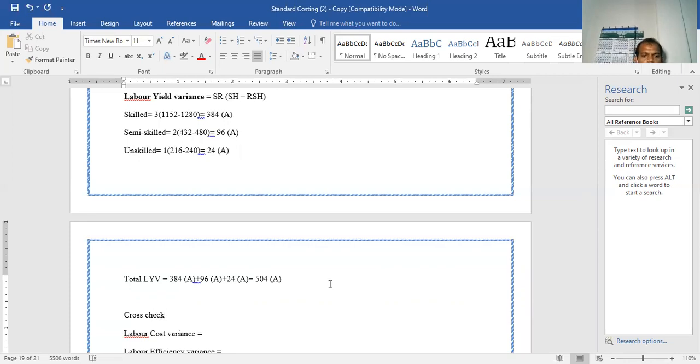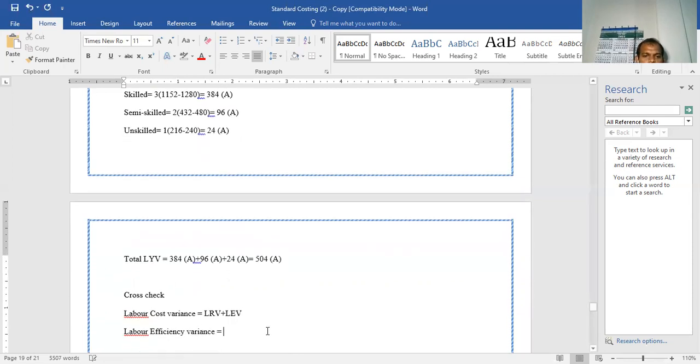Labor cost variance is equal to labor rate variance plus labor efficiency variance. Labor efficiency variance is equal to labor mix variance plus labor yield variance.